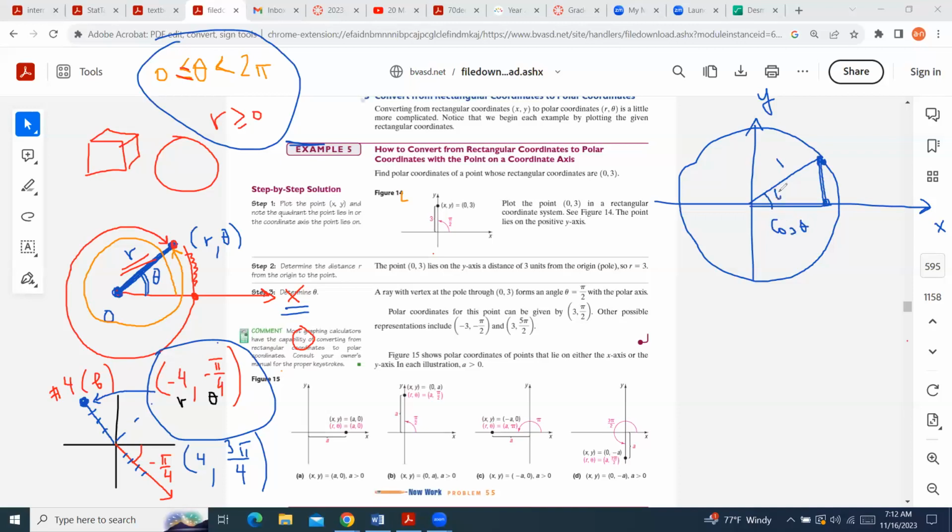That's angle theta. And then sine of angle theta, right? X and Y coordinates. Then, of course, the point does not have to be on the circle of radius 1. It could be any radius r.